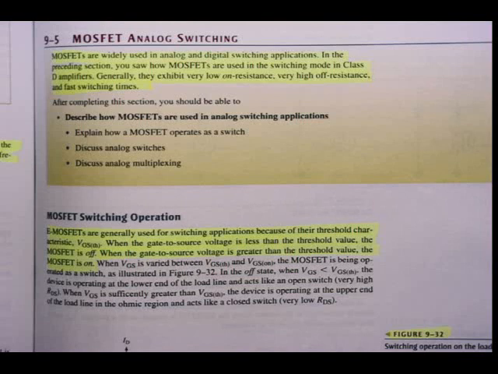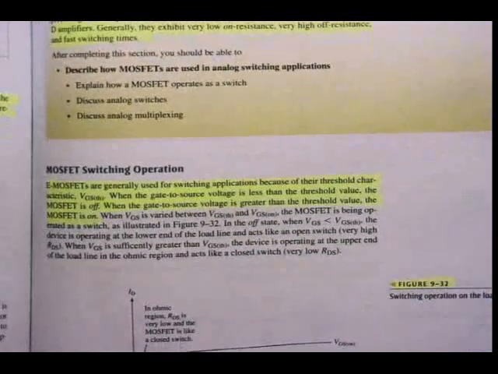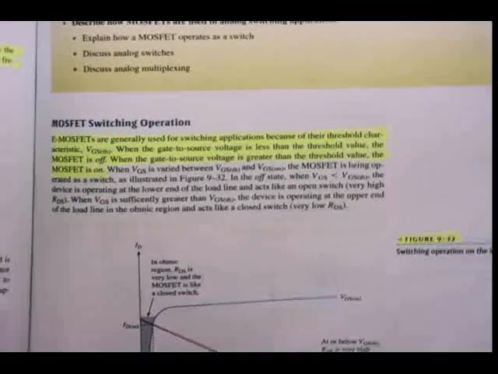In the preceding section, you saw how MOSFETs are used in the switching mode in a Class D amplifier. Generally, they exhibit very low on resistance, very high off resistance, and fast switching times. Exactly what we want from a switch, no? So those characteristics, very important.